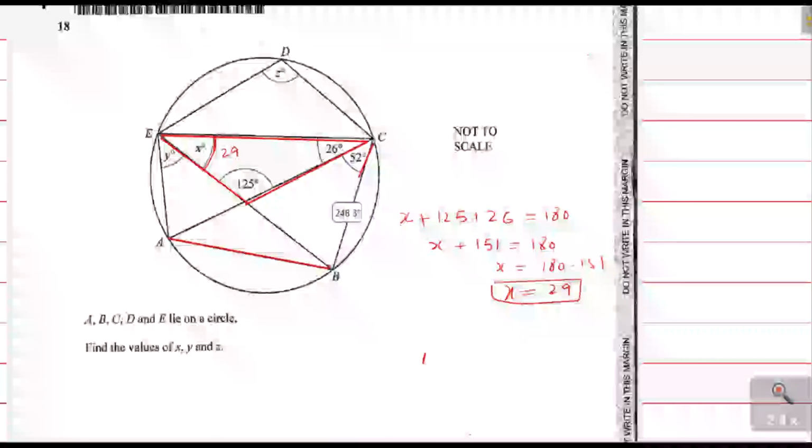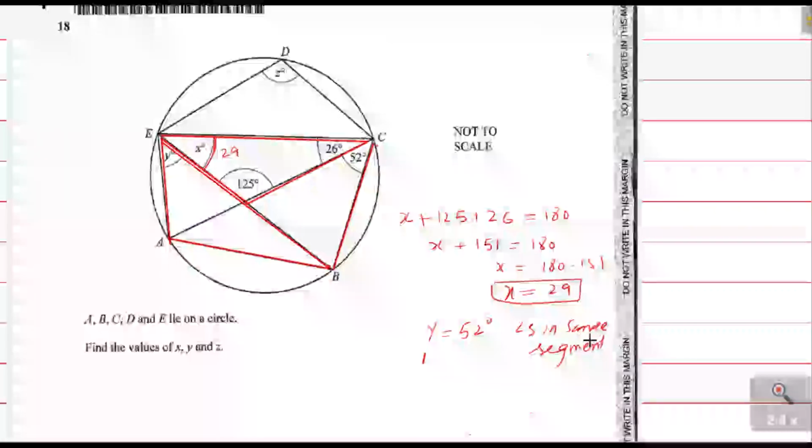This is the angle made by chord AB at C and AB at E. Both angles will be the same because angles in the same segment are always equal. Therefore, we write Y equal to 52 degrees. The property is angles in the same segment are always equal.